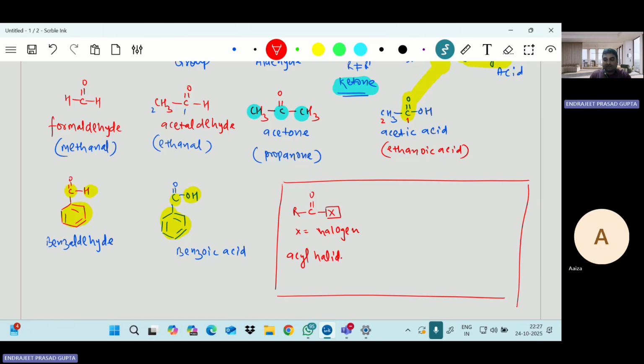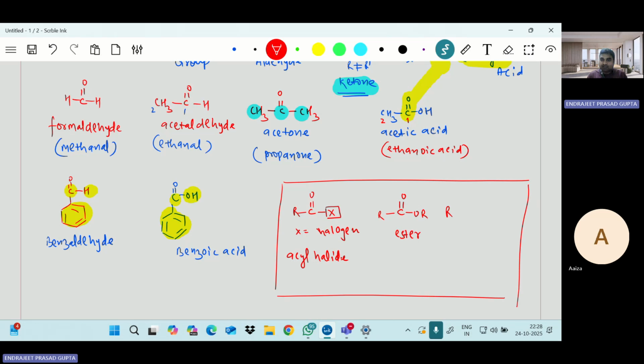You should know acyl halide. And if this carbonyl carbon has R on this side and OR on the other side, this is called ester.